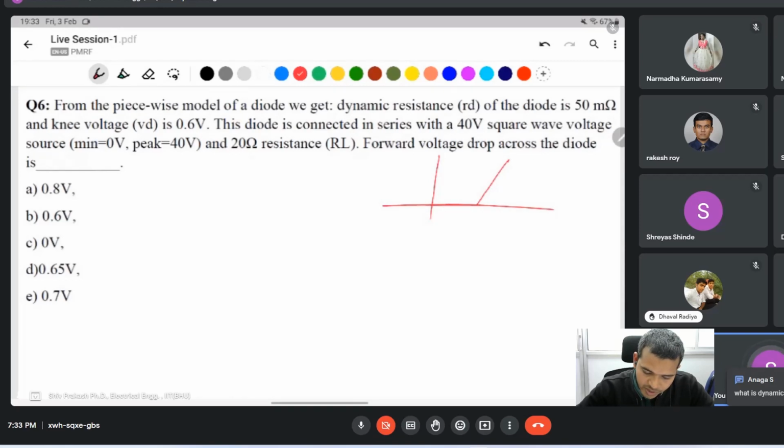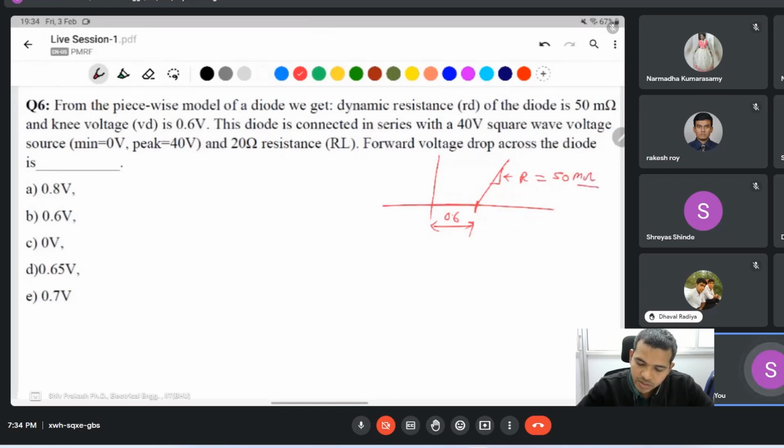This is a piecewise linear model. The voltage is 0.6 volt and the resistance is given as 50 milliohm.